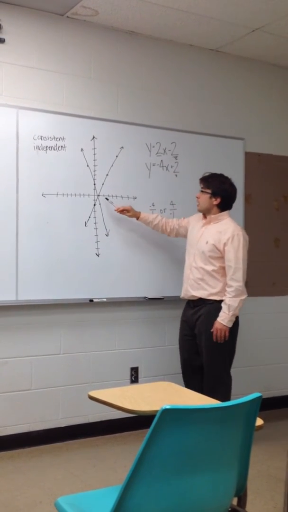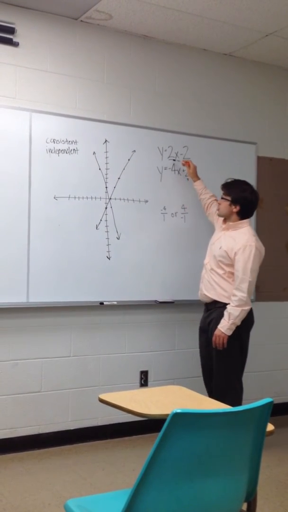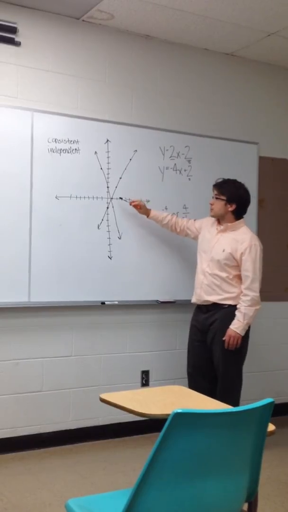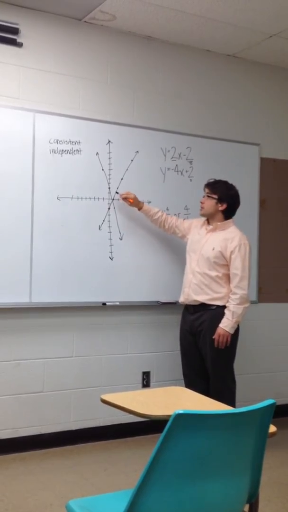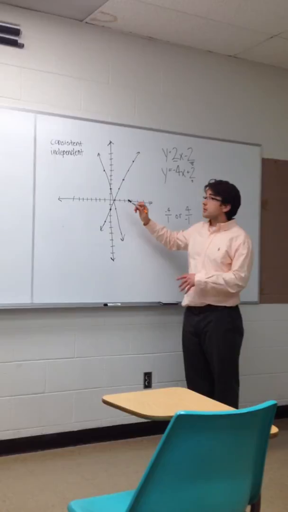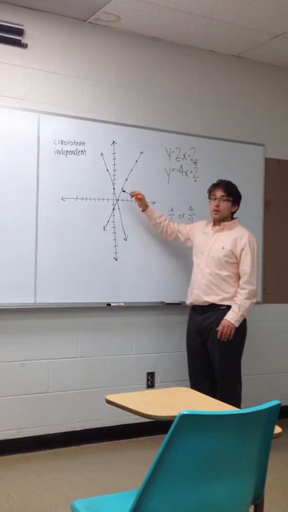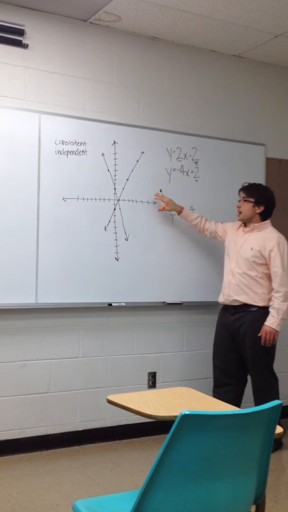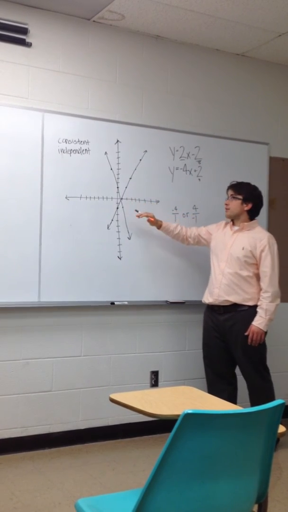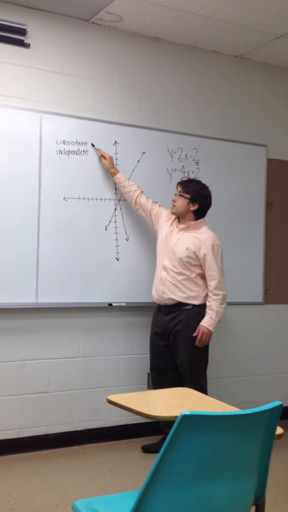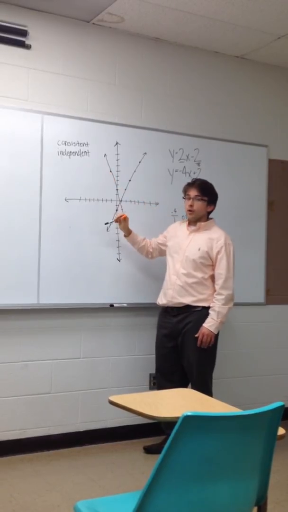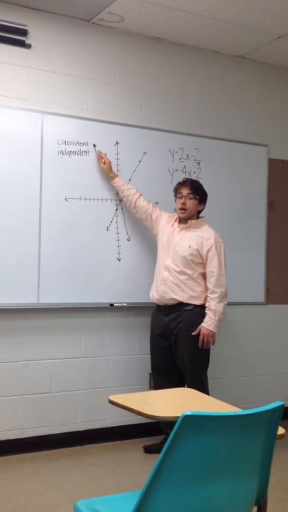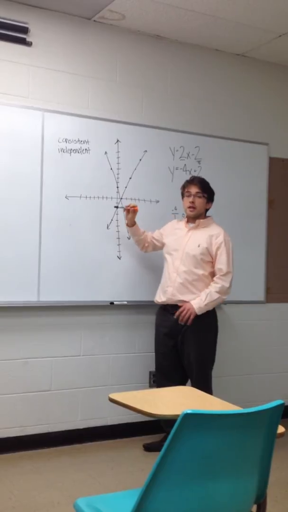But since their slopes are different, as we draw it graphically, we can see that they touch at some point, they intersect, but they continue on their own way. So there are 2 equations, and you can visibly see 2 lines on the graph. So they're consistent and independent. They're consistent as in they intersect, but they're independent because they continue on in their own way.